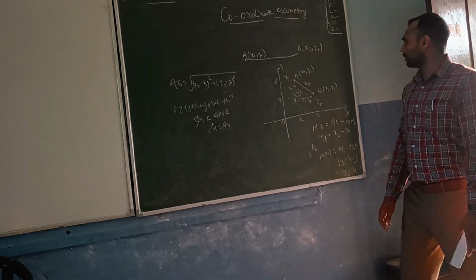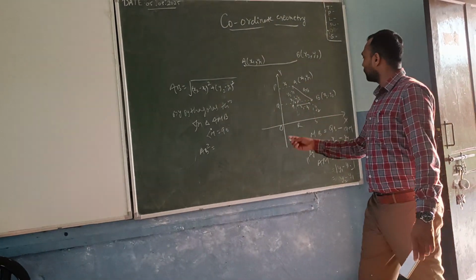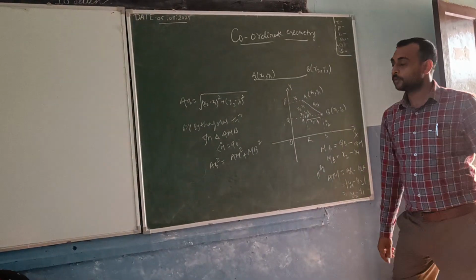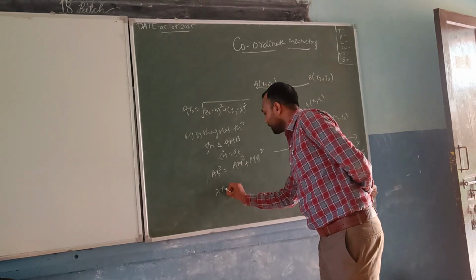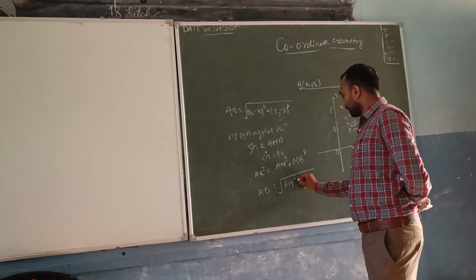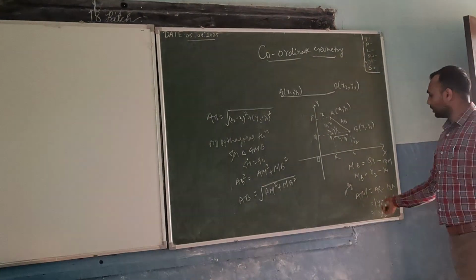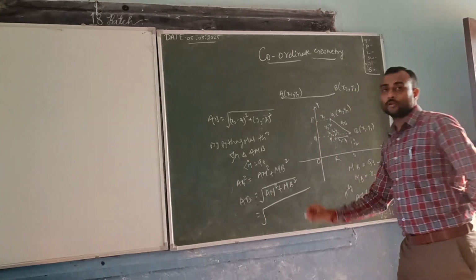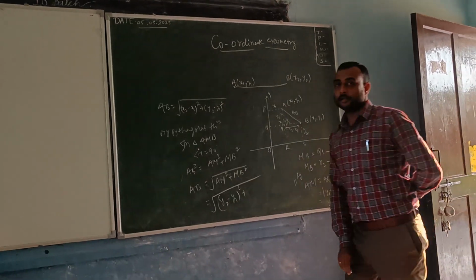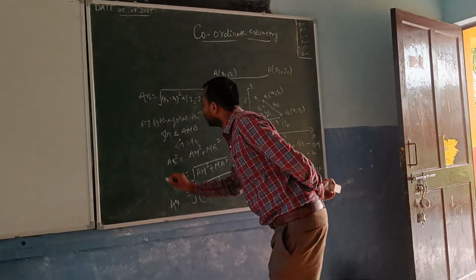AB will be the hypotenuse, which means AB square is equal to AM square plus MB square. So the value of AB is under root AM square plus MB square. And AM is y2 minus y1, so under root, y2 minus y1 whole square plus x2 minus x1 whole square.